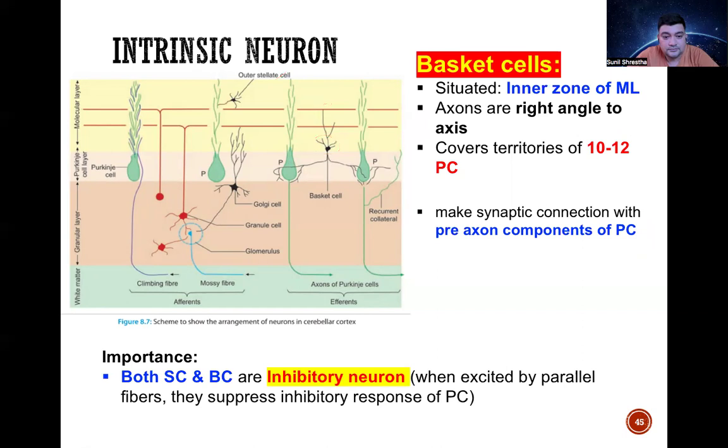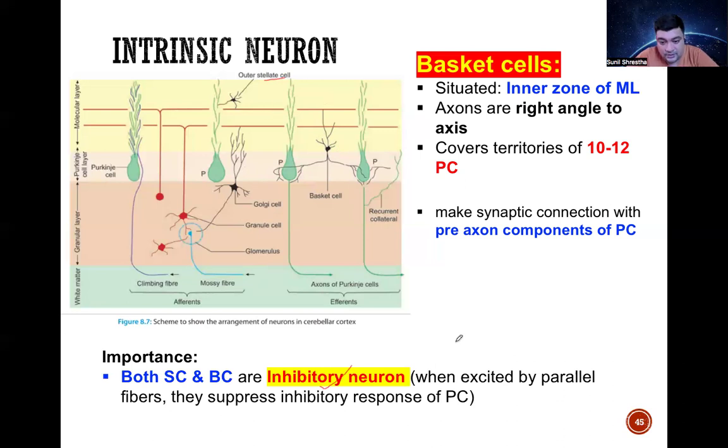So what is the importance of this basket cell? Both stellate cell and basket cell are inhibitory neurons. Basket cells and stellate cells are both present in the molecular layer, and they act as inhibitory neurons.